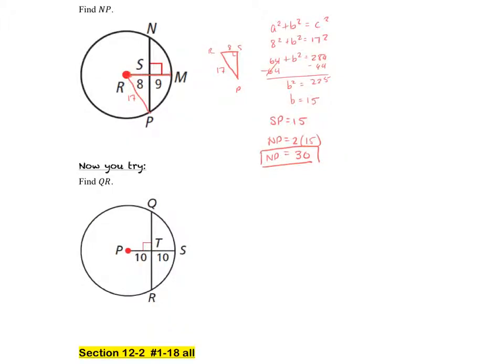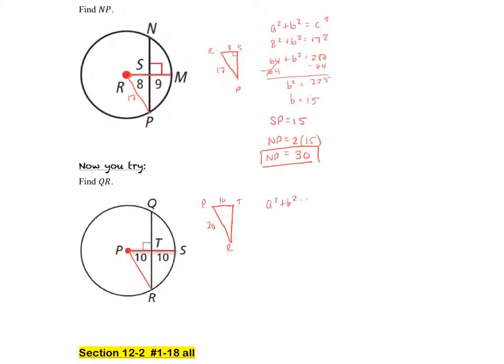Okay, so in the next one, what you need to ask first is what is the length of the radius? Well, the radius is 20. So if I just add in my radius from P to R, I can then draw my right triangle. The hypotenuse is 20, since the radius is PR. And that's 10, and so I go through the same process.